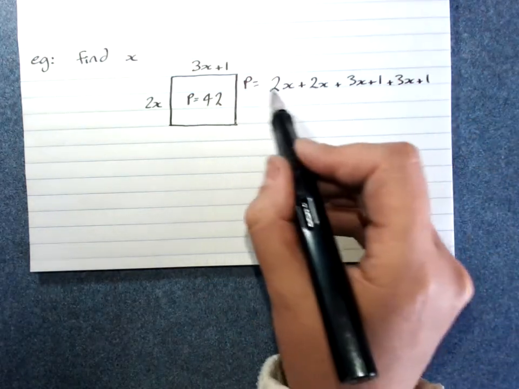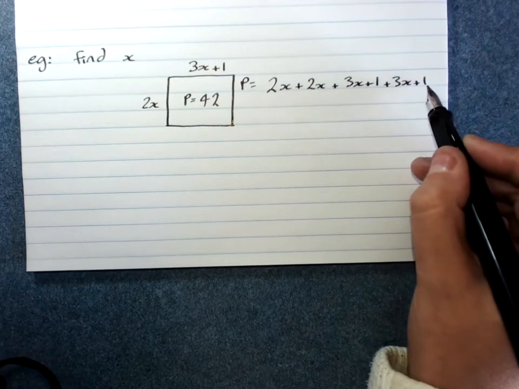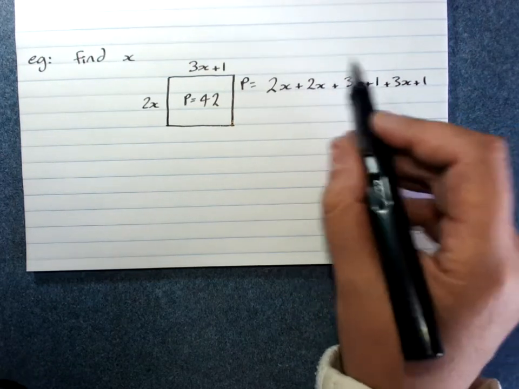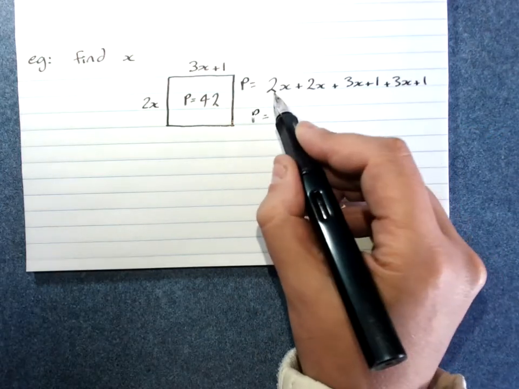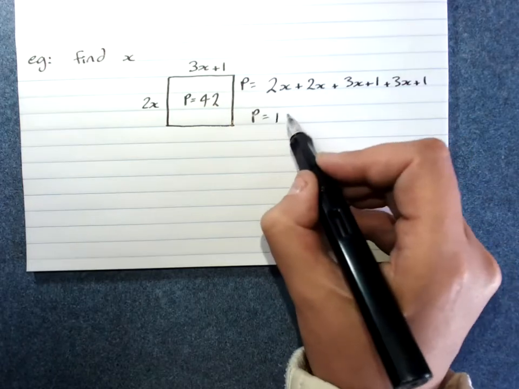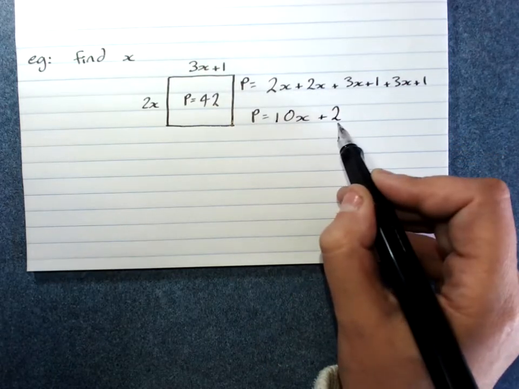Now if you get an equation where the expression can be simplified, then do that first. Simplify this down. So my perimeter is, I've got 10x plus 2. That's an expression for the perimeter.